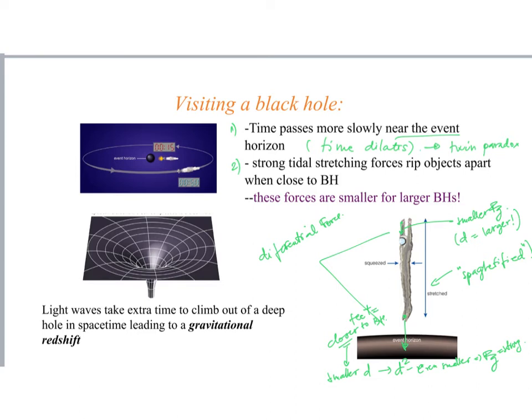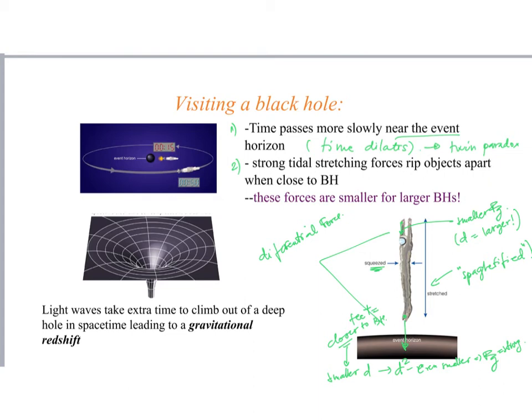Maybe not you. Maybe you're going to throw something else onto the black hole, and that thing is going to be spaghettified because the length of that thing is going to stretch, and the side of the object perpendicular to the length, the width, is going to be squeezed.